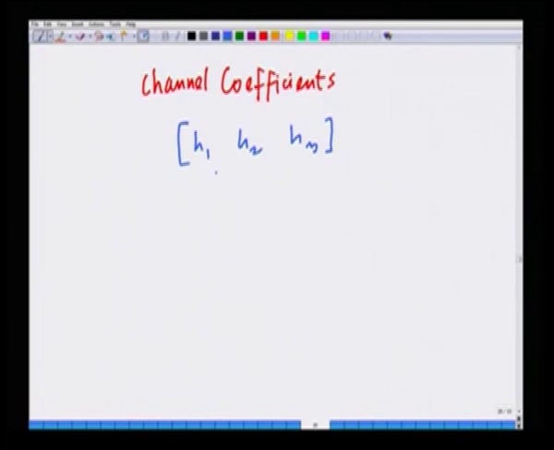H1 is the coefficient between the first transmit antenna and receive antenna, H2 is the coefficient between second transmit antenna and receive antenna, H3 is the coefficient between third transmit antenna and the receive antenna. This is the 1 cross 3 channel matrix or 1 cross 3 MIMO channel.